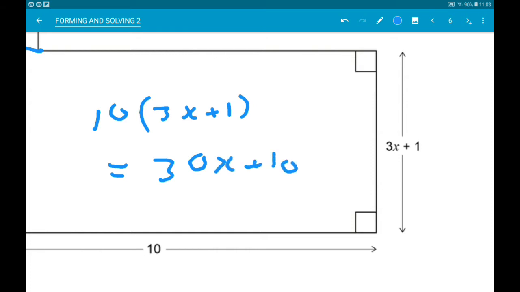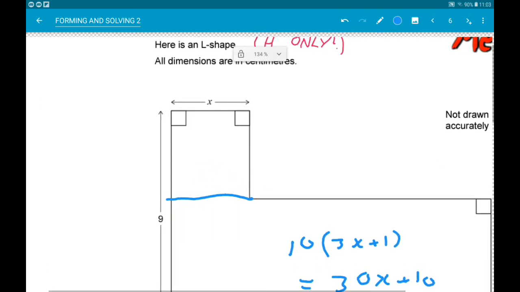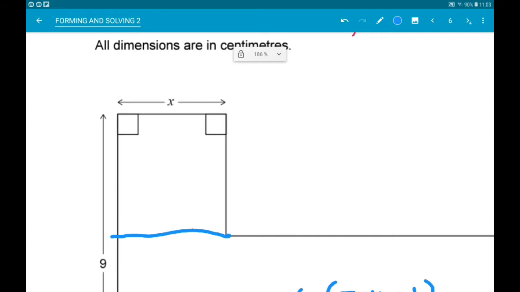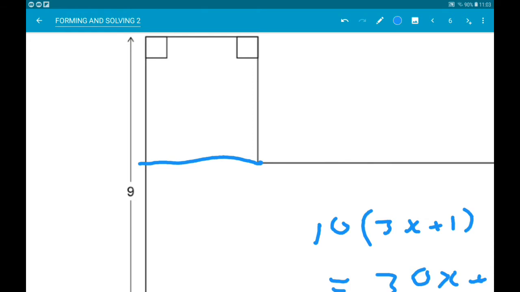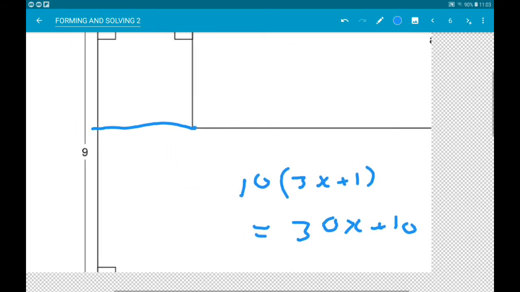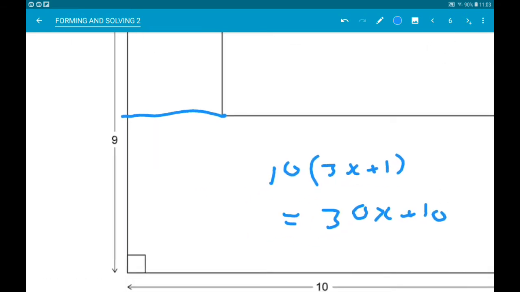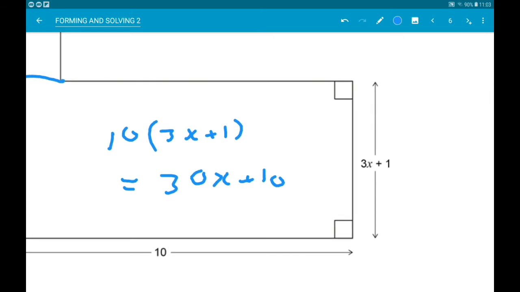Okay, what about this bit up here? Well, we have a width of x. Now the height of the whole thing is 9. But we know up to the blue line is 3x add 1.